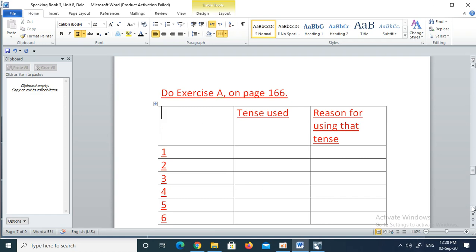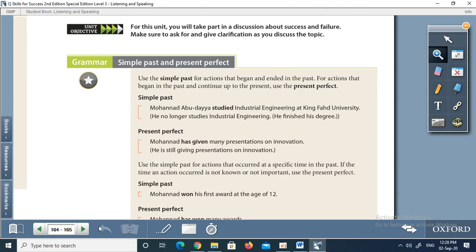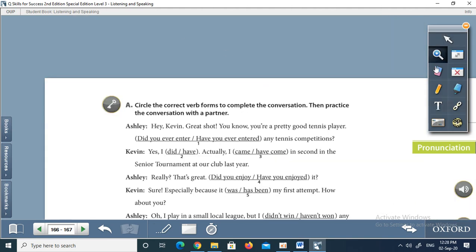What I need you all to do is go in your books to the exercise at the top of page 166. This exercise here.